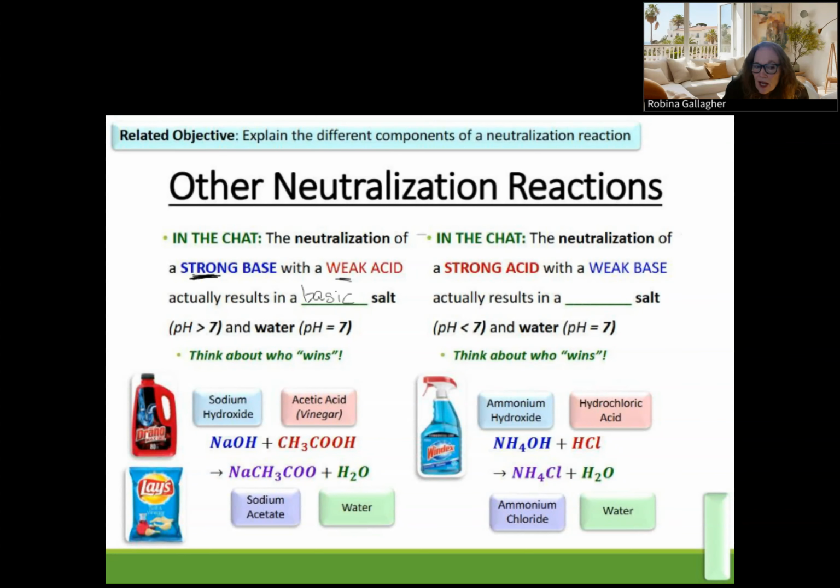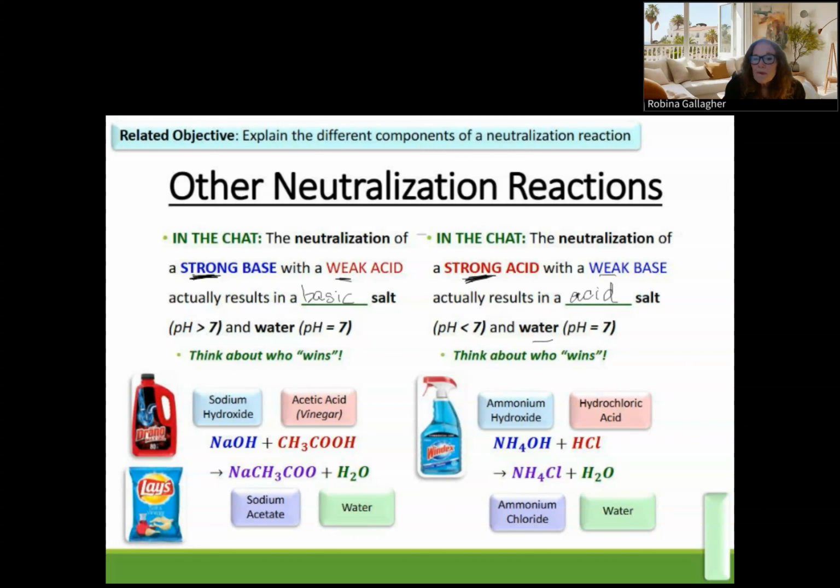If it's flip-flopped, if I have a strong acid and a weak base, then again, whoever is stronger is going to win. So this is going to result in an acidic salt and water, okay?